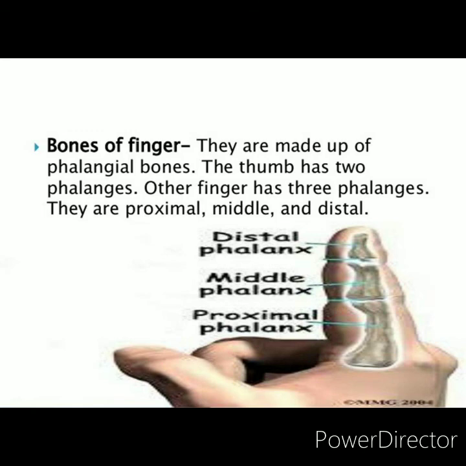But the thumb has only 2 phalanges, proximal and distal, and the other 4 fingers have 3 phalanges, proximal, middle and distal. So that's it about the bones of the finger.